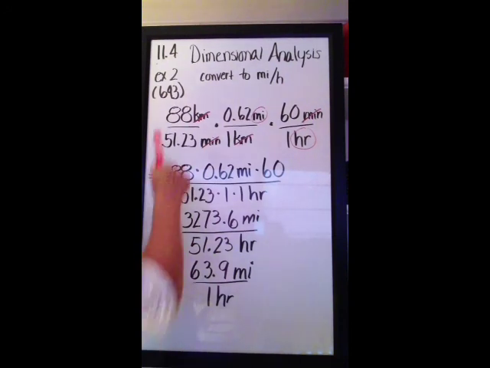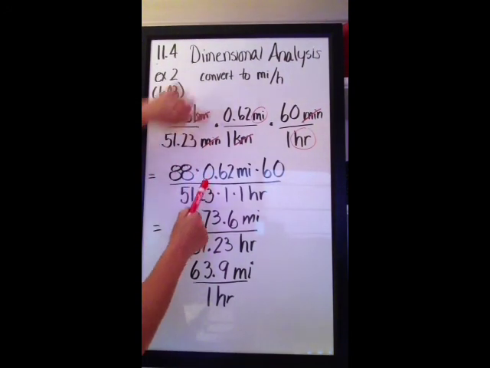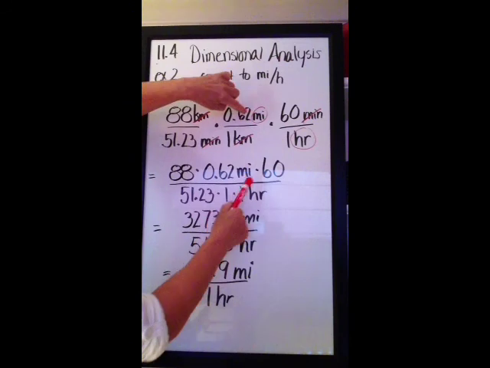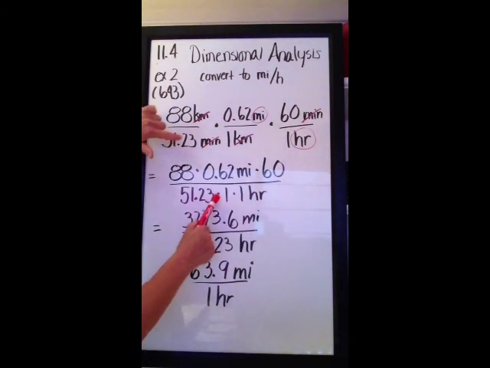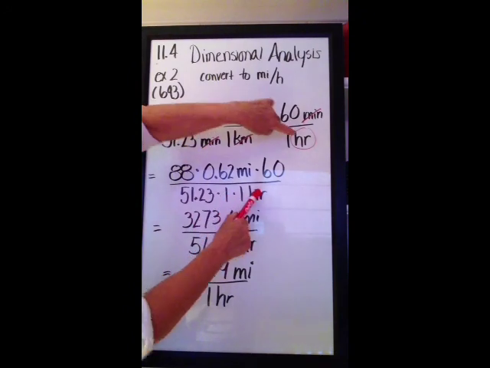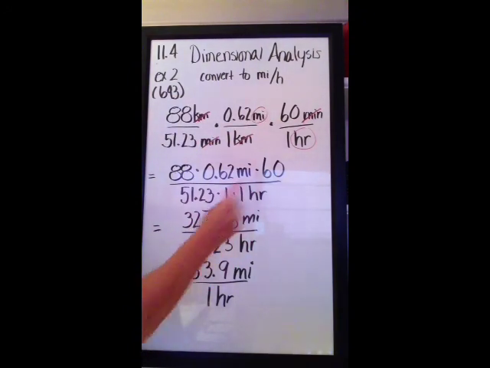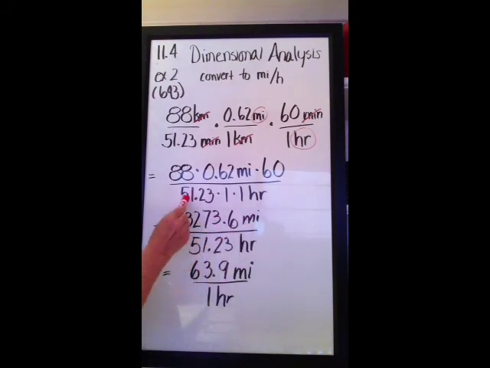I just multiply straight across: 88 times 0.62 miles times 60 over 51.23 times 1 times 1 hour. I get 3,273.6 miles over 51.23 hours, and I divide the numerator by the denominator to get 63.9 miles per hour.